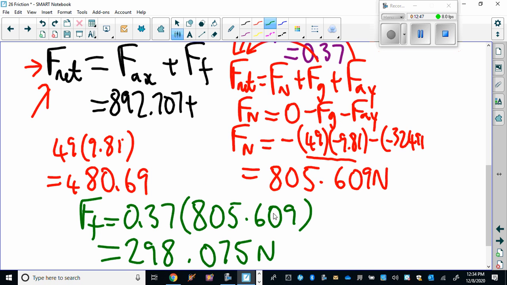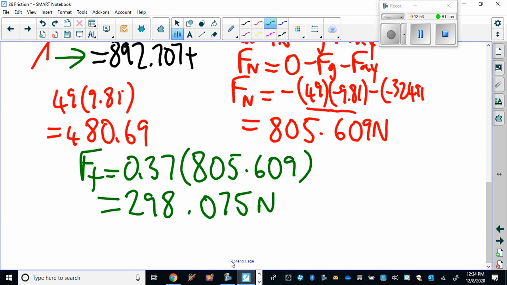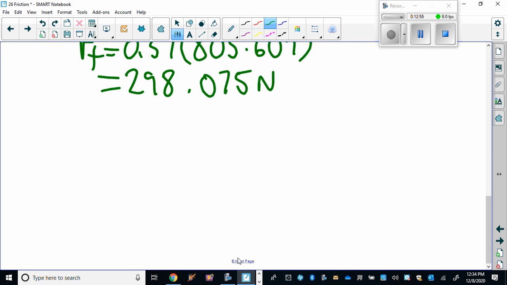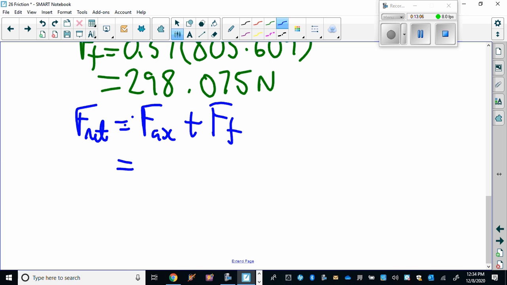Now that's my friction force. I can go back up to this step here and fill that in. I'm just going to do it down here separately. So my net force equals my applied force horizontally plus my force of friction. My applied force horizontally was 892.77.